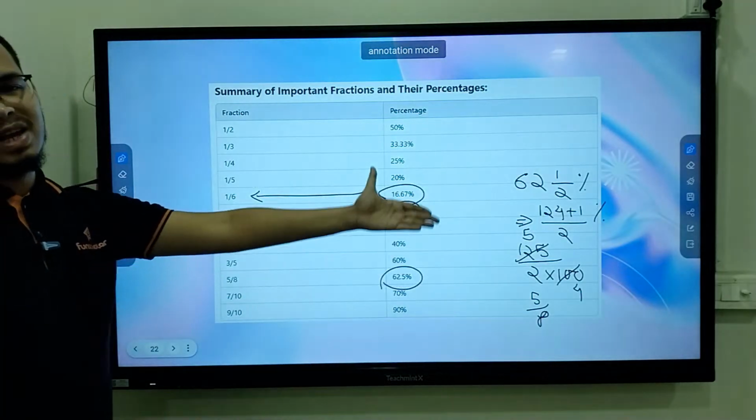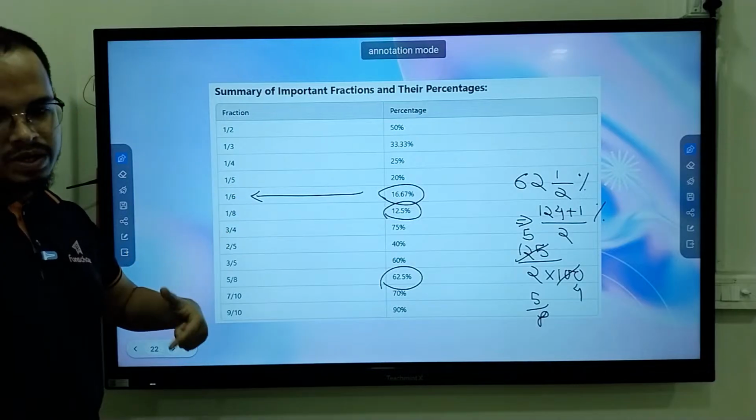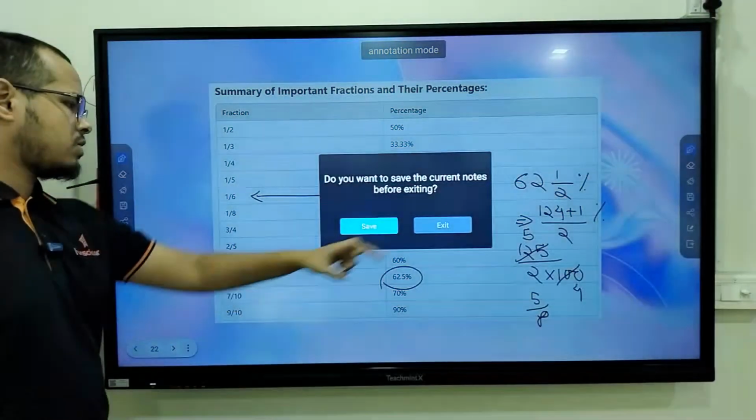So we can always calculate it like this. But since this is so important and so frequent in sums, if you remember this, it will be much easier for you.